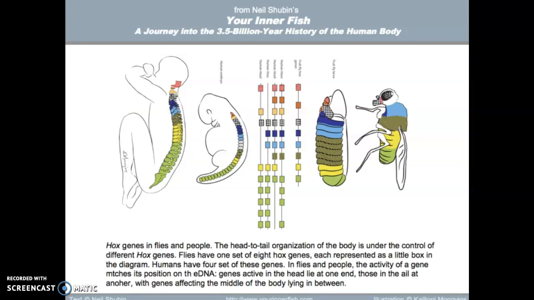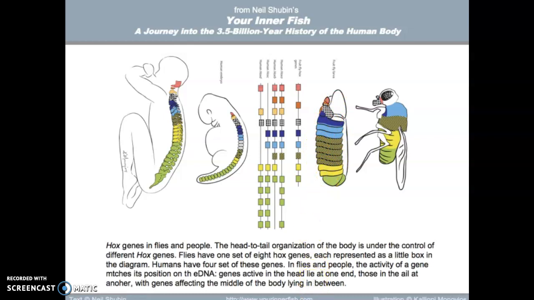And this is an example, again from that book, Your Inner Fish, that shows the relationship between the DNA and the formation of different parts of your body. You can see that the DNA that controls the development of parts of your body is the same as the DNA that controls the parts of a fly's body, and it even controls parts in the same location.